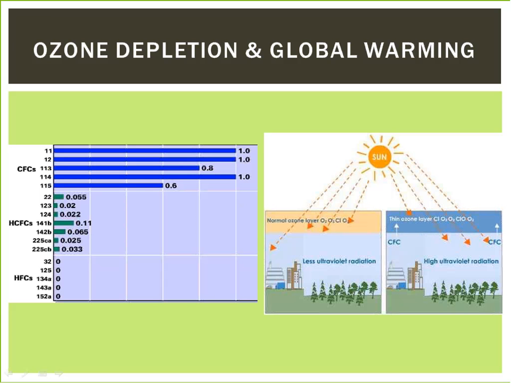Global warming potential, or GWP, is an index of a substance's ability to be a greenhouse gas. The GWP is relative to the warming effect of a similar mass of carbon dioxide for a 100-year time frame. Carbon dioxide is used as the reference gas because it has the greatest net impact on global warming.